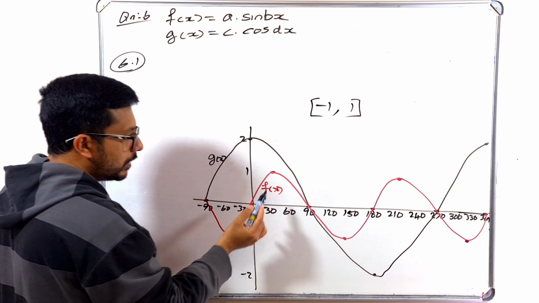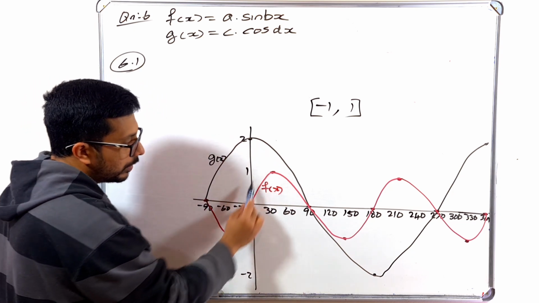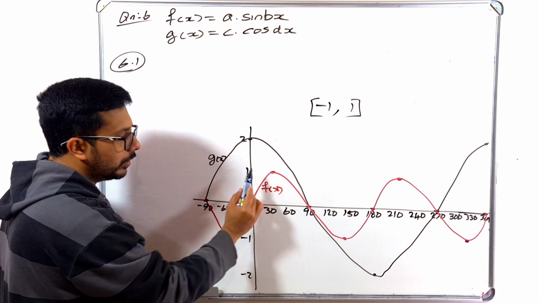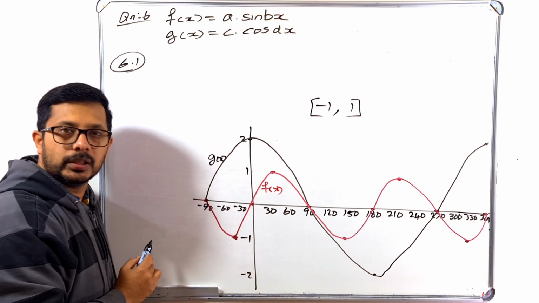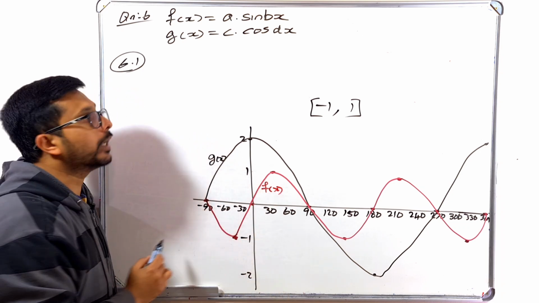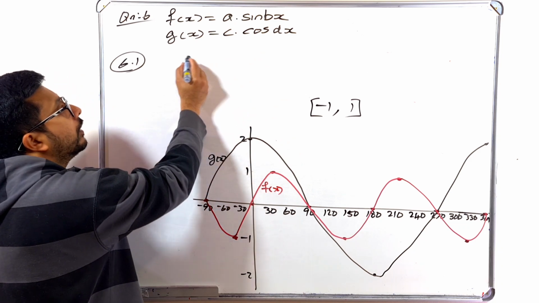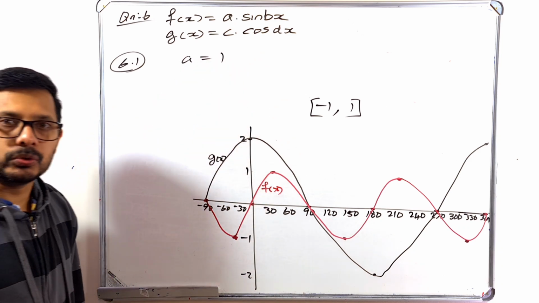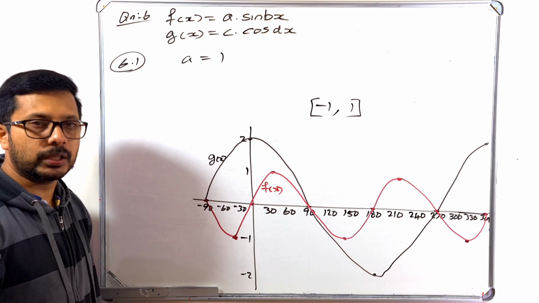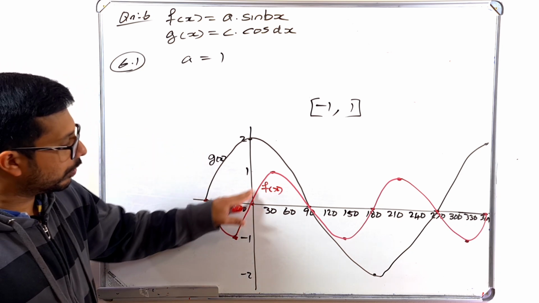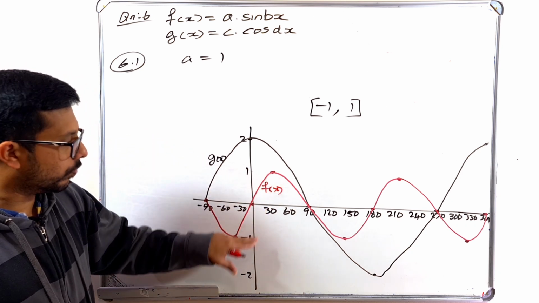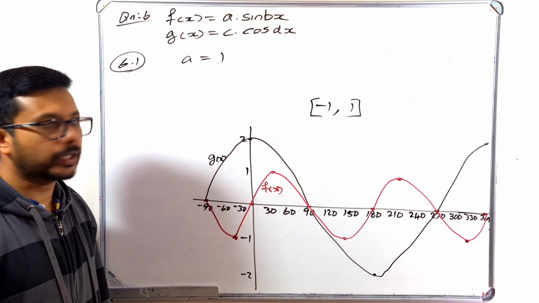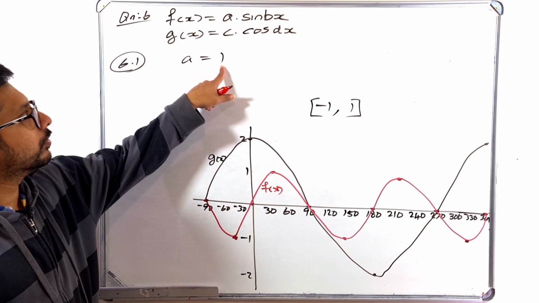Here we can see that in this red graph of f of x, the maximum value is 1 and the minimum value is -1. So directly we can write the value of A is 1, the amplitude. What is the amplitude of this f of x graph? -1 to 1, that means the amplitude is 1. So we got A is equal to 1.